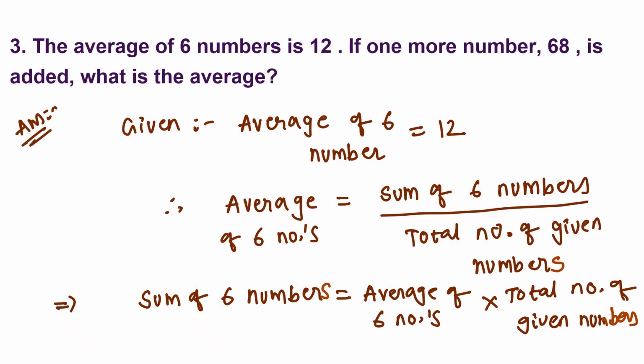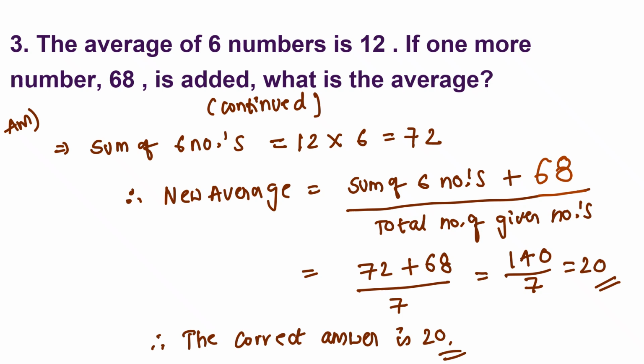Third problem is the average of 6 numbers is 12. If one more number 68 is added, what is the new average? We are given average of 6 numbers is equal to 12. Therefore, average of 6 numbers is equal to sum of 6 numbers divided by total number of given numbers, which implies sum of 6 numbers is equal to average of 6 numbers into total number of given numbers, which implies sum of 6 numbers is equal to 12 into 6 is equal to 72.